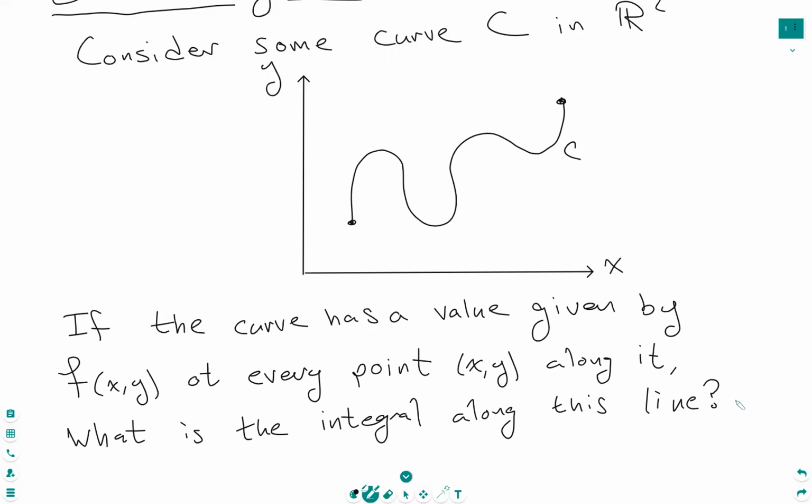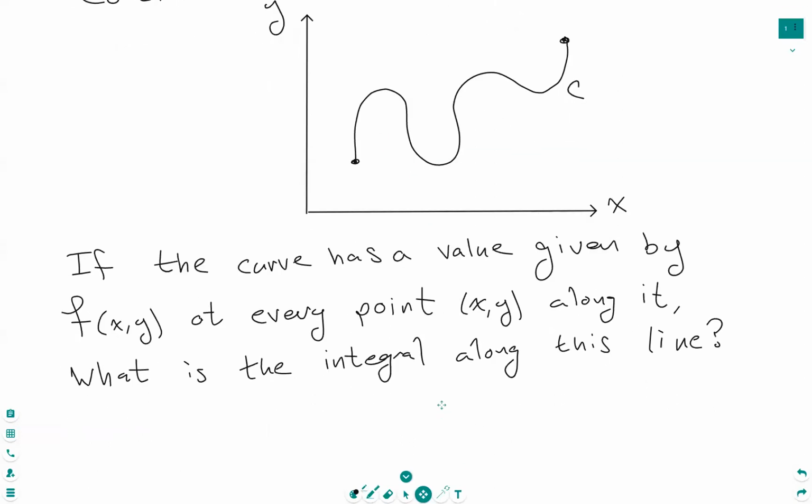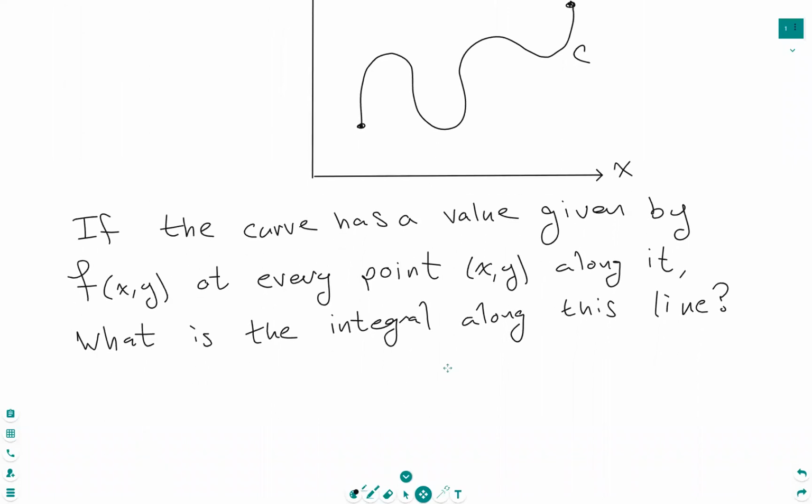If I wanted to add up all of the values that are restrained to this line, how would I add those things up? So, like always, we're going to start with an approximation and then get better and better until in the limit we arrive at the true answer.